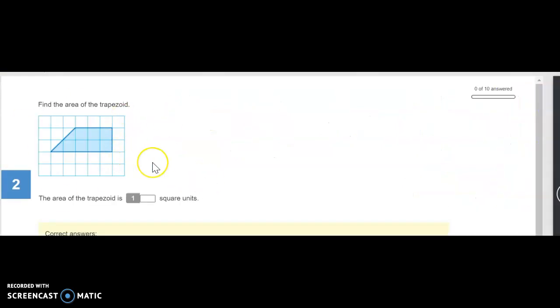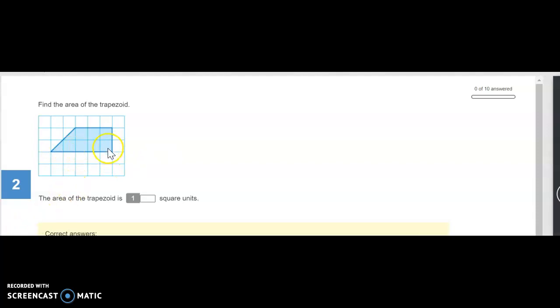So when we see this in the squares, it's the exact same formula. Our base up here is going to give us 3, 1, 2, 3. Our bottom base, or our B base, is going to give us 1, 2, 3, 4, 5.